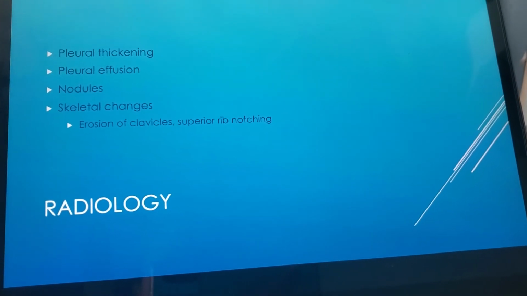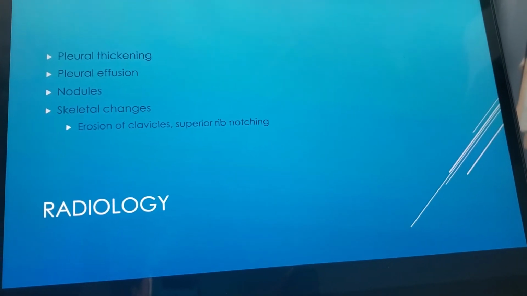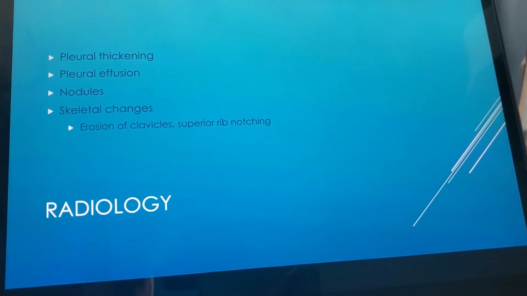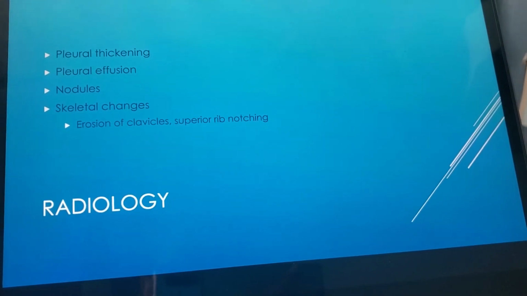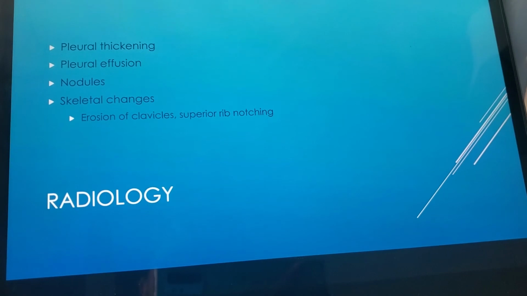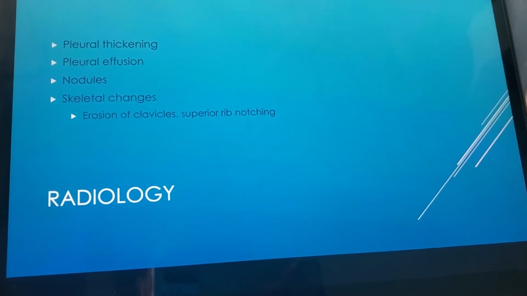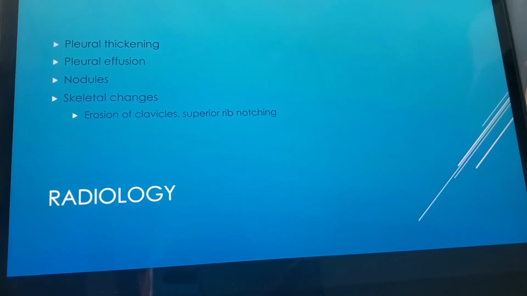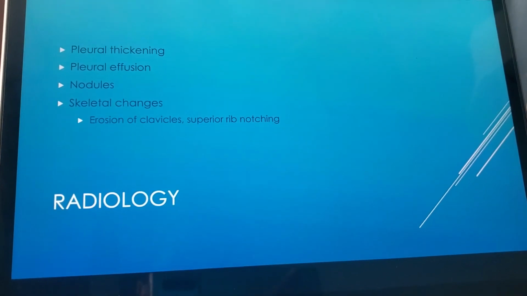Radiology. Whenever you get a chest x-ray or CT scan on somebody with rheumatoid arthritis, it is affecting their lungs. You can see some pleural thickening, a pleural effusion, which is most commonly unilateral, so that means just on one side.